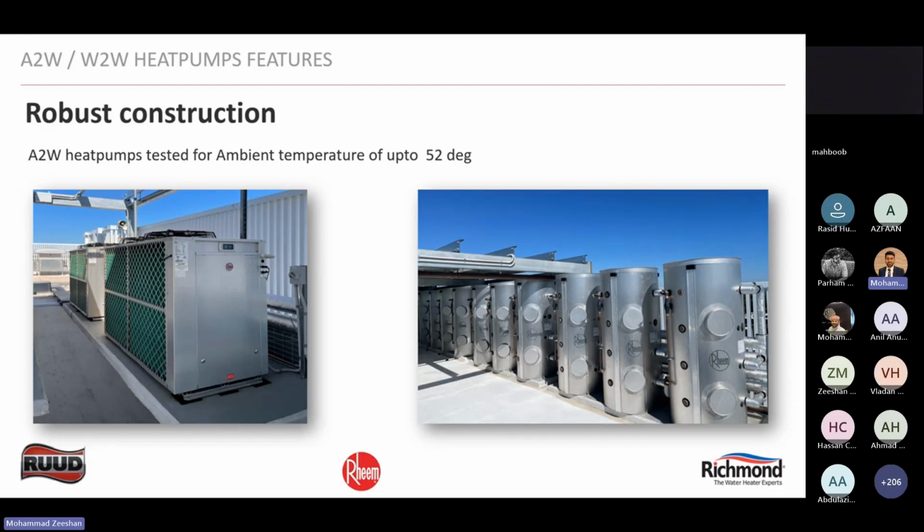We don't want our backups to work all the time because they are consuming a lot of energy. And this is why we want our heat pumps to work in the maximum ambient conditions. Ream Manufacturing is one of the only companies that can supply you air to water heat pumps that can work up to 52 degrees ambient.